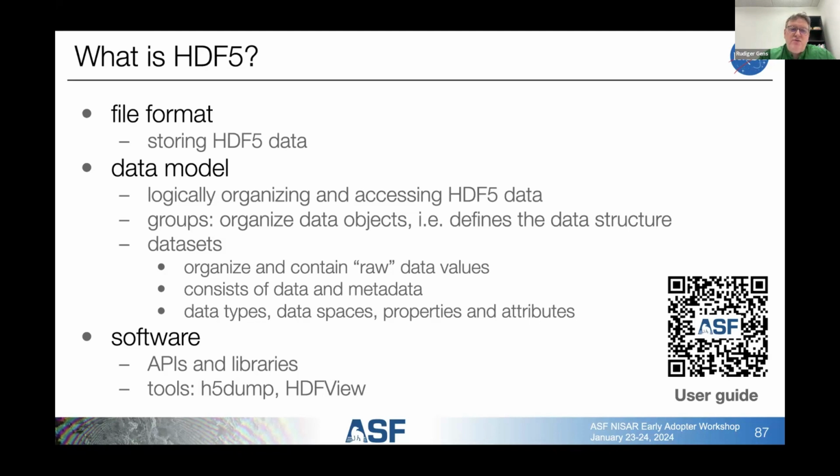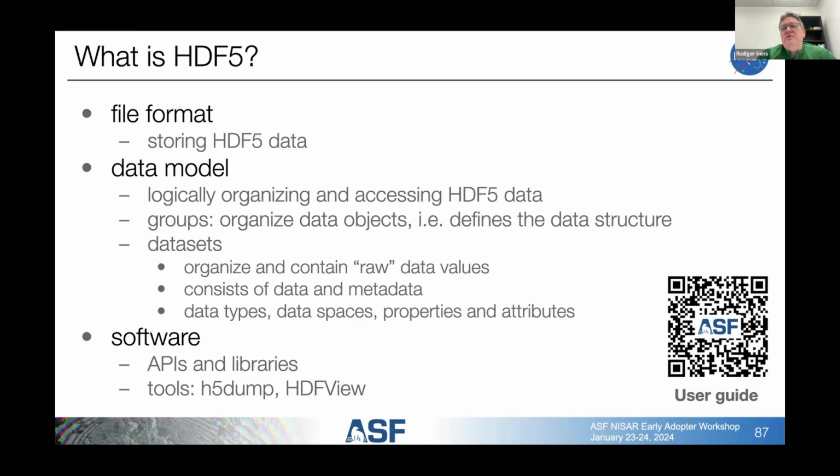The H5 dump, as it suggests, is a command line tool that lets you look at data just from a command line. Any terminal would do, and you have a number of tools. The H5 dump is probably one of the most often used for HDF5 specifically, for any of the data that we have over here, since there is geographic information in there as well.